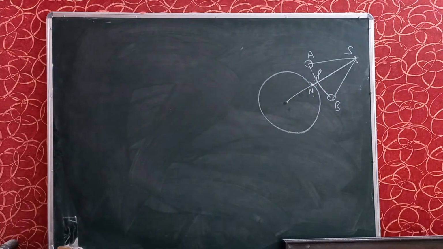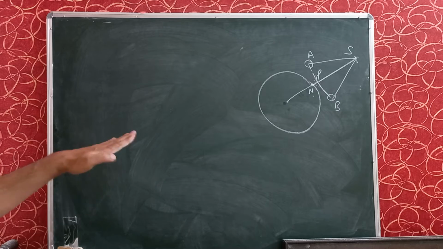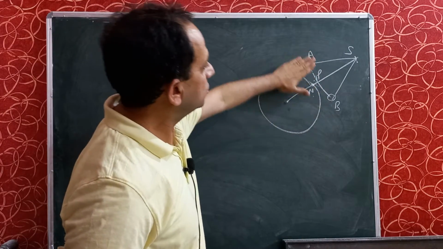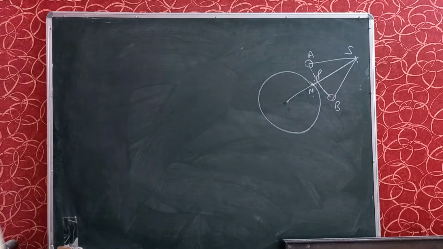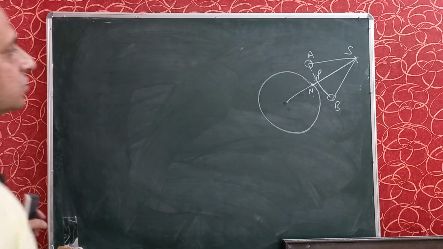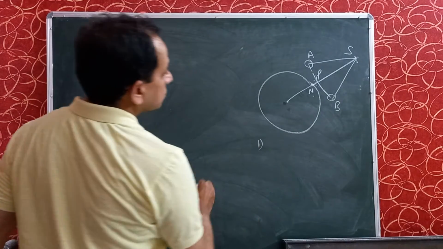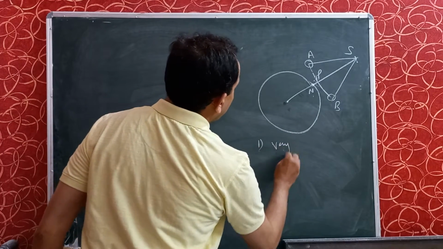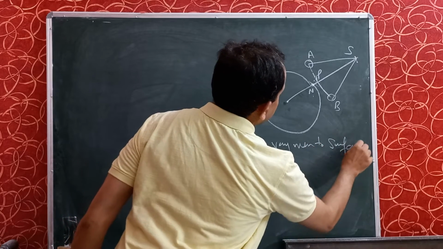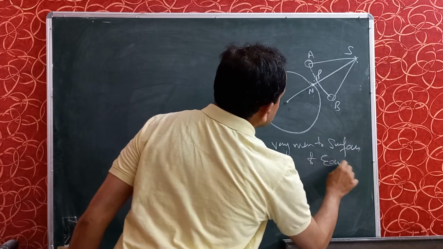You know that when we study mathematically any pendulum, it is assumed that it should be very near to the surface of Earth, and its amplitude of vibration must be small. There are two conditions. First one is it is very near to the surface of Earth.